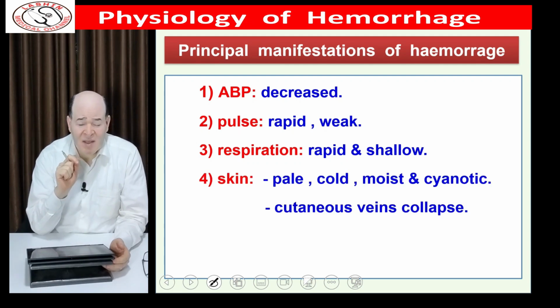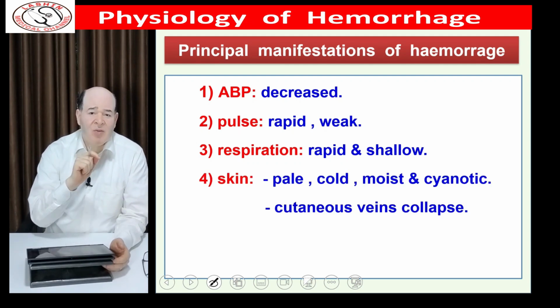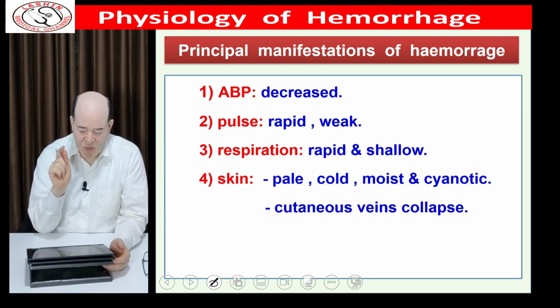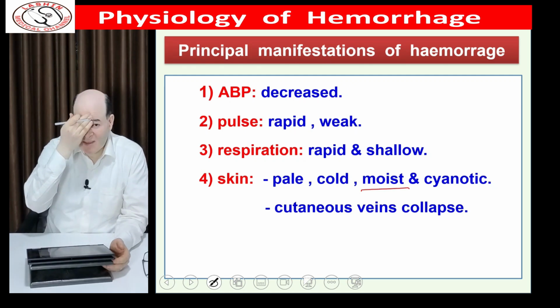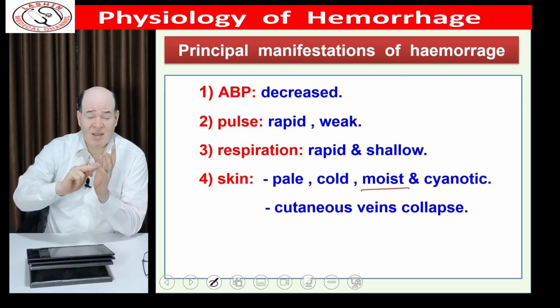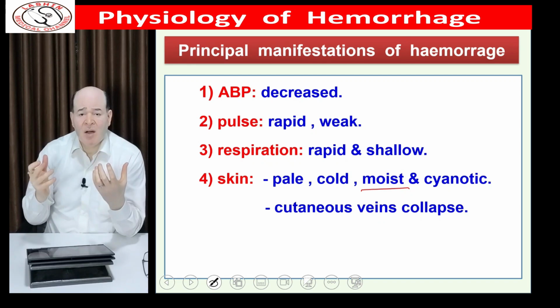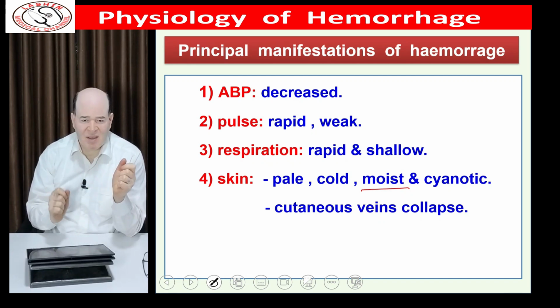Another sensitive sign is the skin. You can diagnose internal hemorrhage far away from the patient. By looking at his skin, you will find that his skin is moist, is sweaty. So if you find that the skin is sweaty, the skin is cold, there is tremors, and there is some degree of cyanosis, they are sure signs of internal hemorrhage in a suspected person.